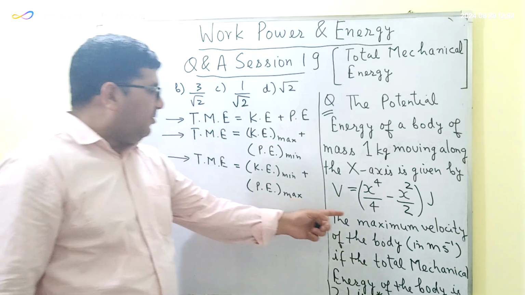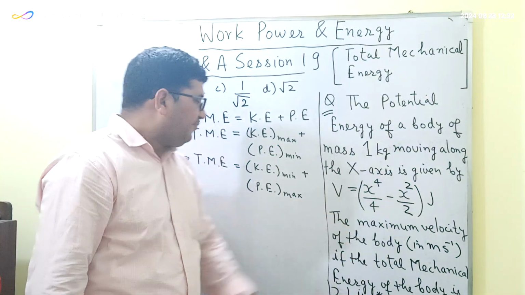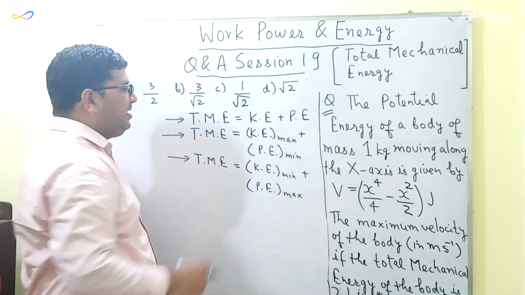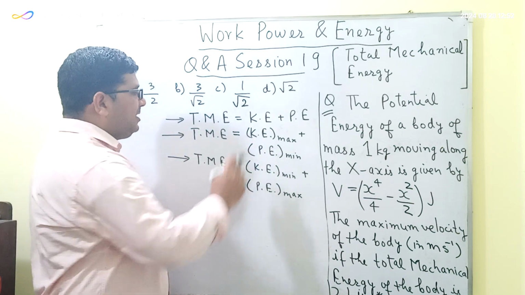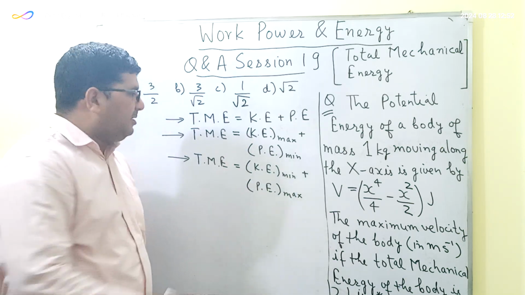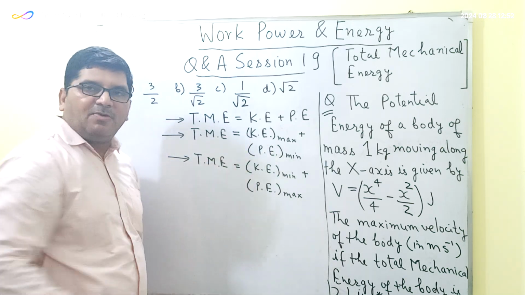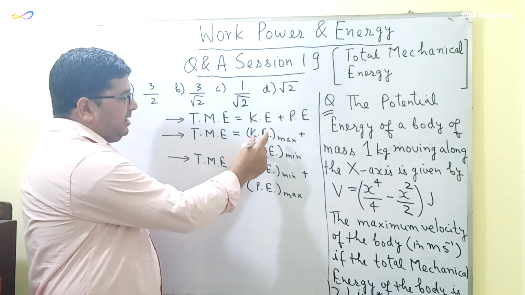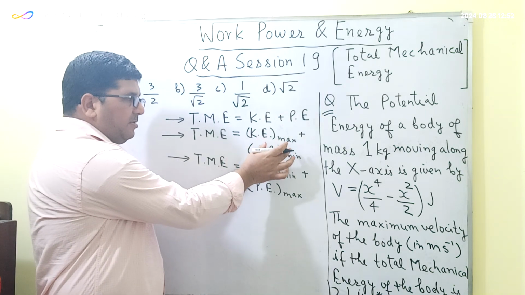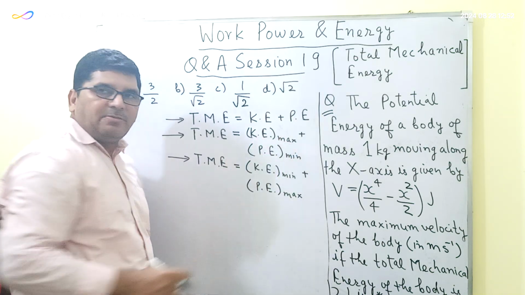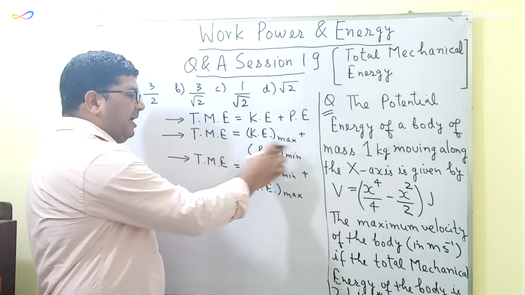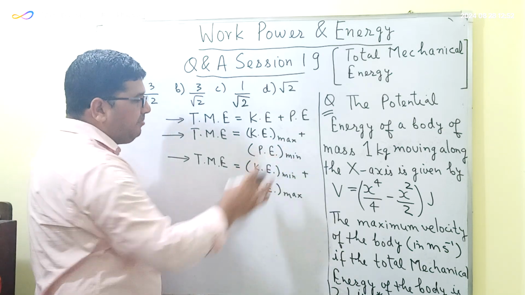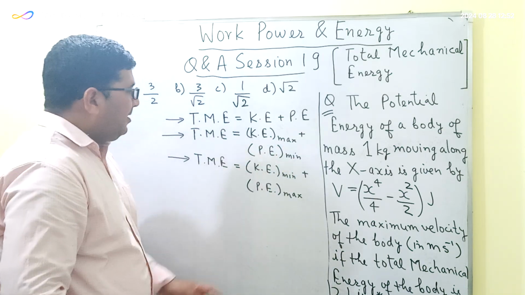Now here we have to find the maximum velocity. The maximum velocity can only be found if we know the maximum kinetic energy of that body. If the body has got the maximum kinetic energy, then at that moment of time it will be having the minimum potential energy.